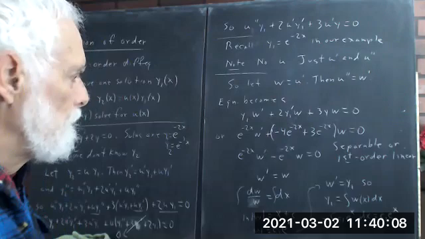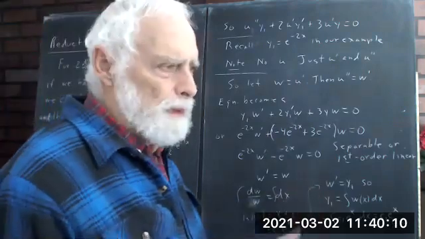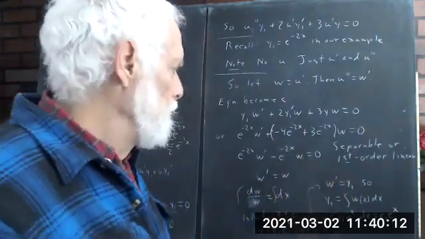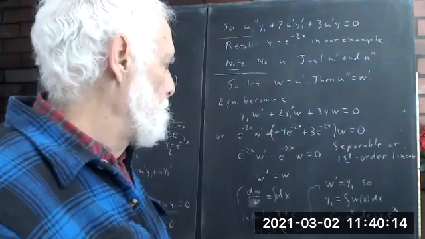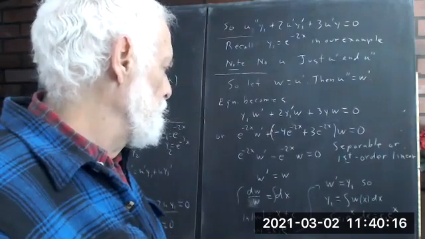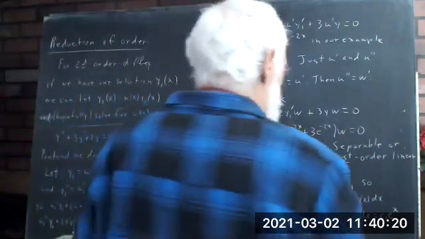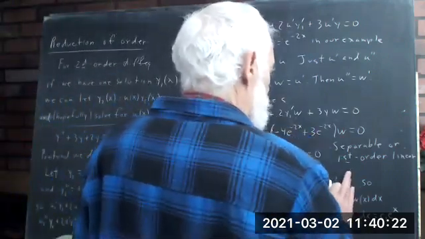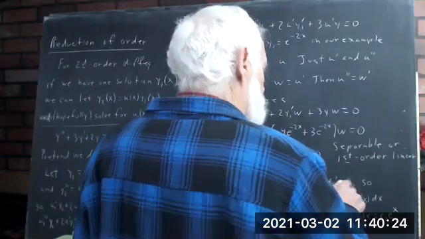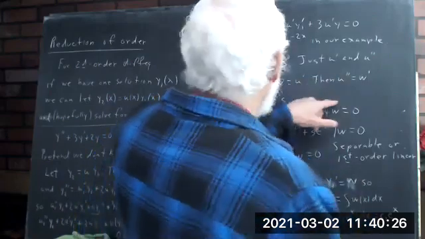And we get, if y1 is derivative of w, sorry, if I wrote that wrong. It wasn't looking right. It's y1 prime equals w. Duh.